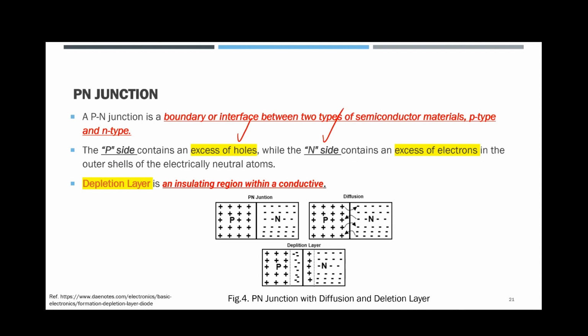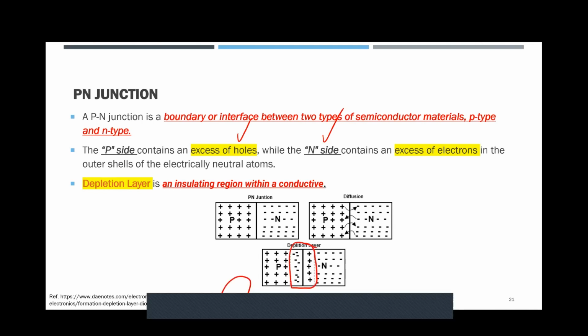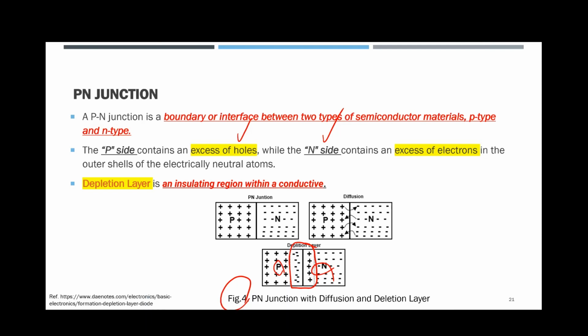The depletion layer is an insulating region within the conductive material. From figure 4, we can see that for each p-type and n-type, there is a slight junction of negative charge on the p-type material and positive charge on the n-type material. Not much, but they sit side by side and meet in the center of the p-n junction.